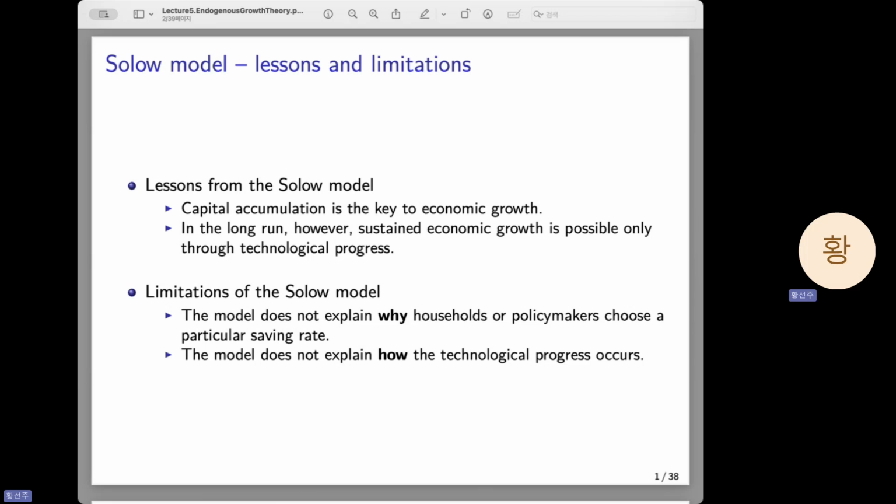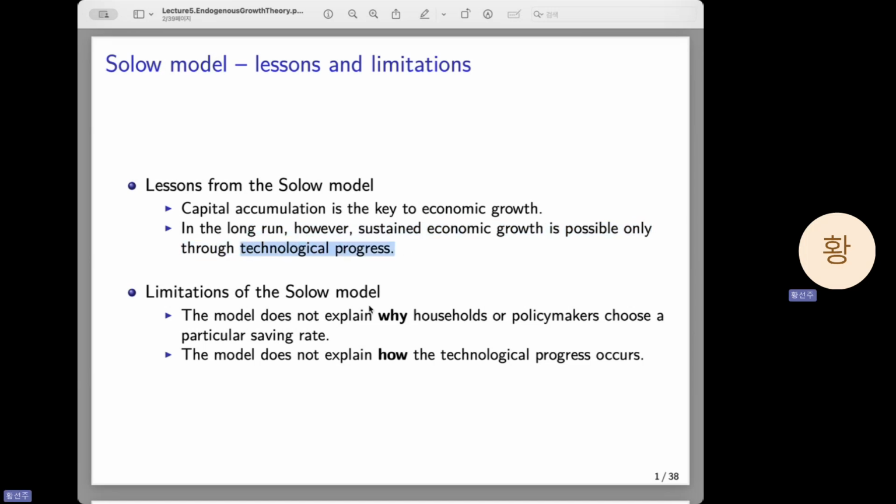Let's first think about what we learned from the Solow model. The Solow model teaches us several important lessons. First of all, capital accumulation is the key driver of economic growth. However, we learned that in the long run, once the economy reaches its steady state, growth in output per worker is possible only through technological progress.